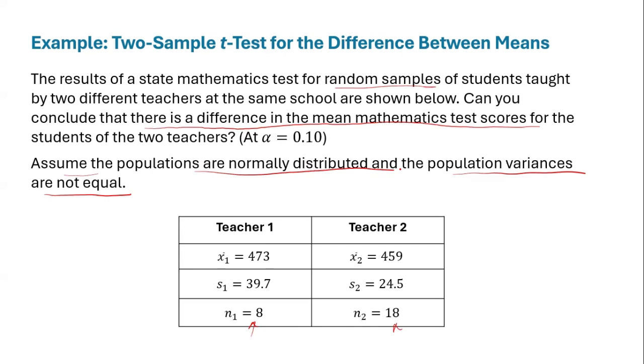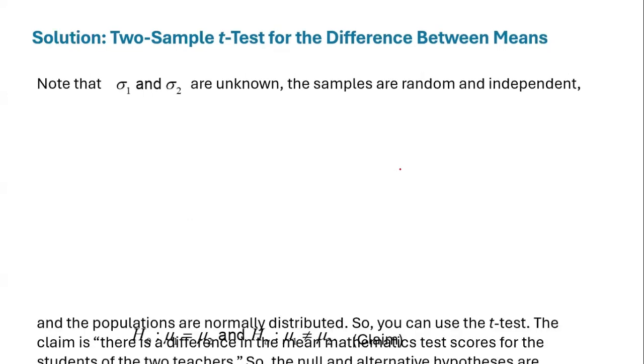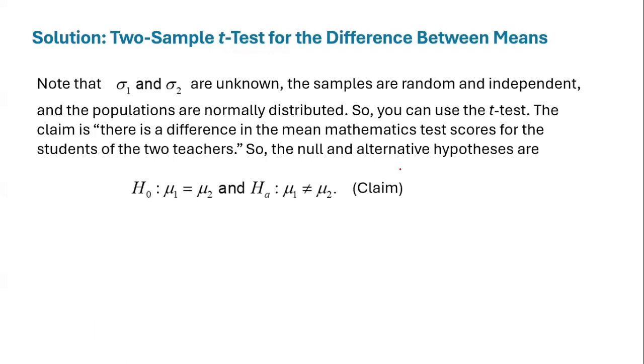Now we need to write the null and alternative hypothesis. You know that we have two populations. That means we have two population means, mu1 and mu2.